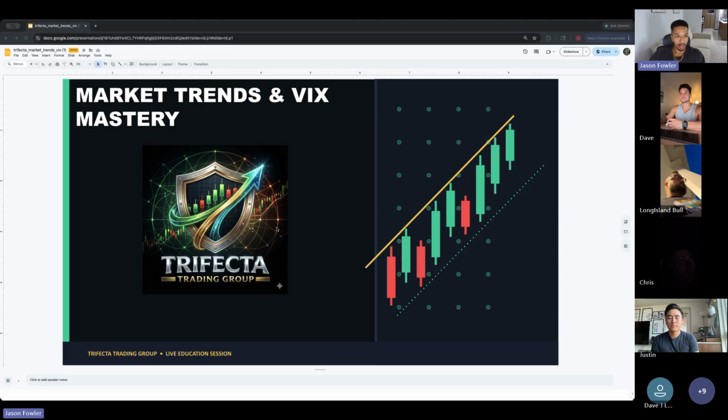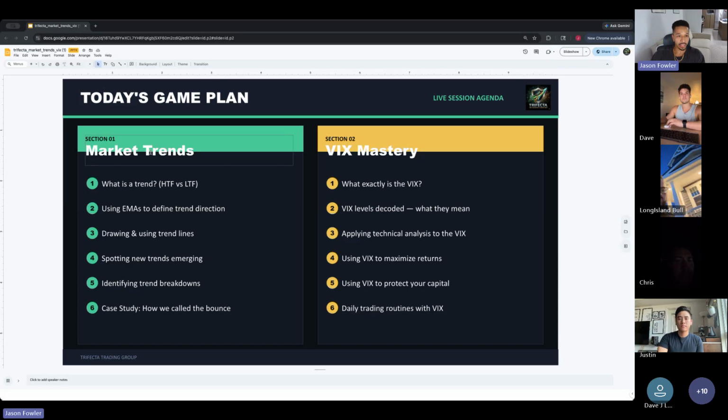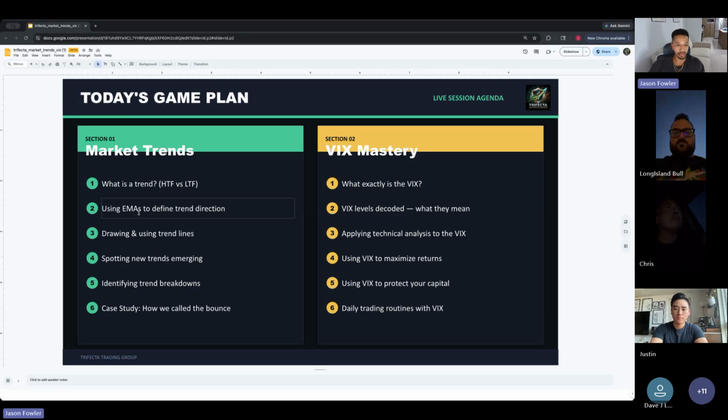So for our agenda for today, we have market trends. What is a trend? HTF means higher time frame versus LTF, lower time frame. Using our EMAs, where EMA stands for Exponential Moving Average. We're going to use moving averages in general, simple moving average and exponential, and I'll explain those to define trend direction.